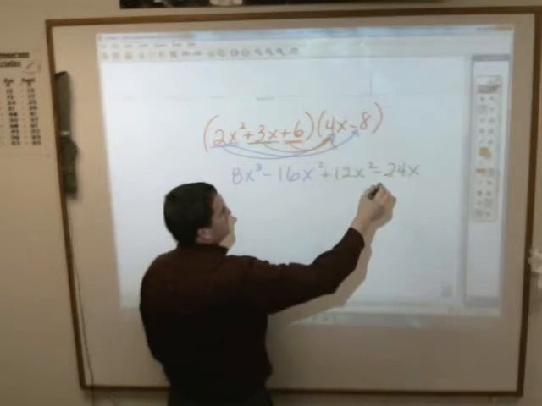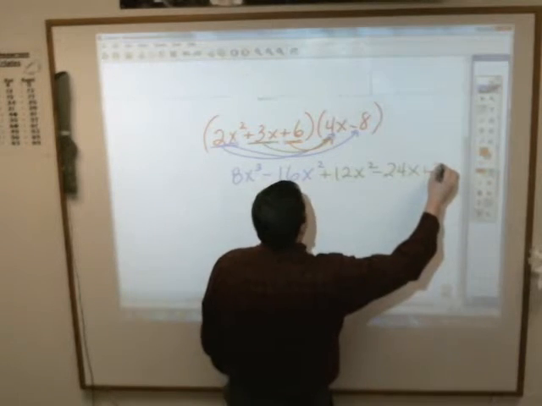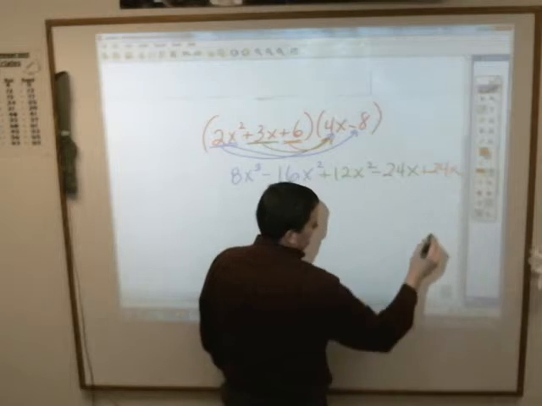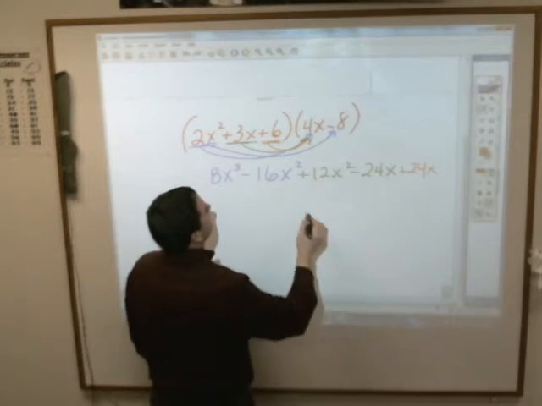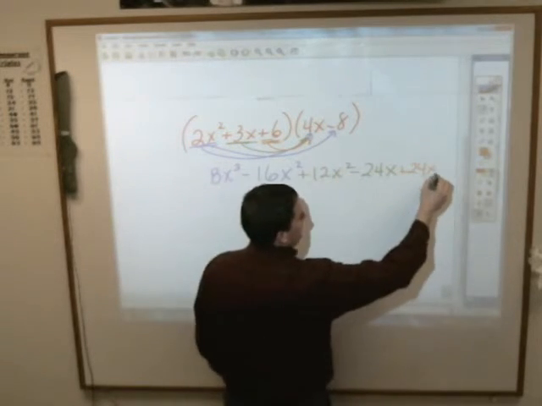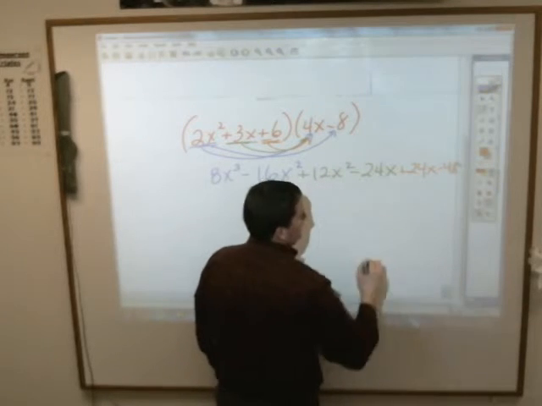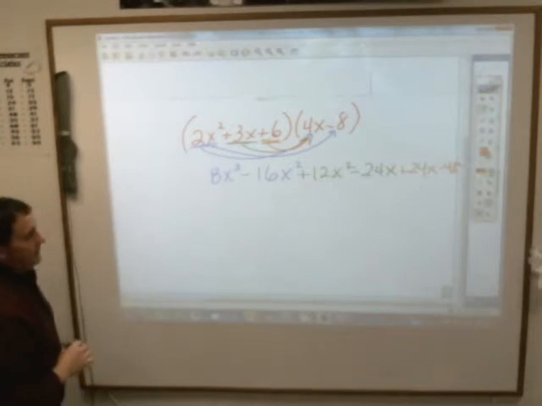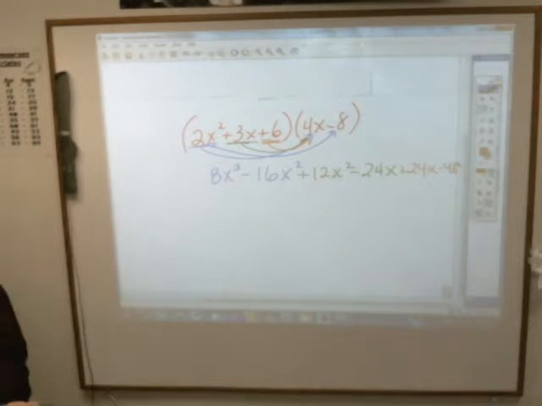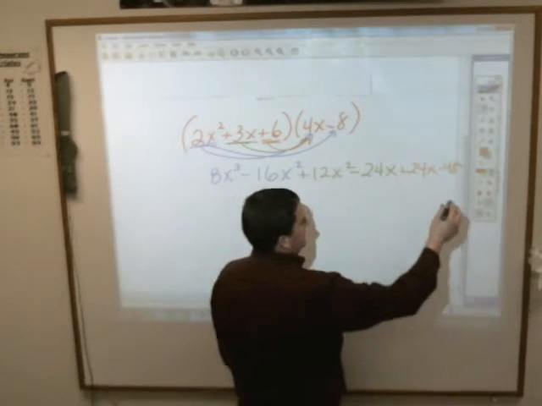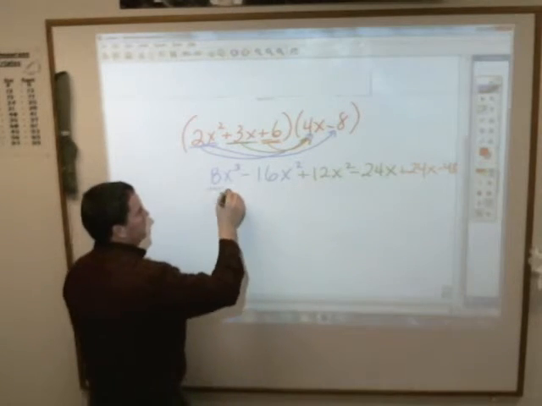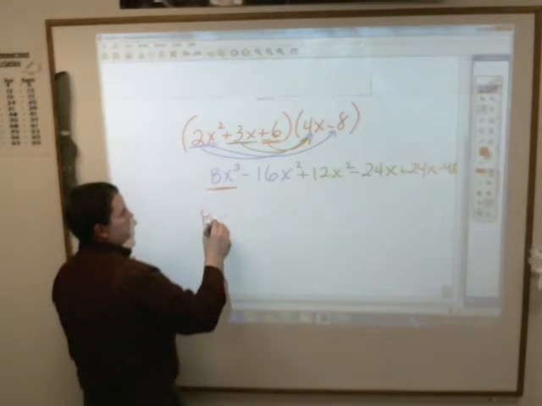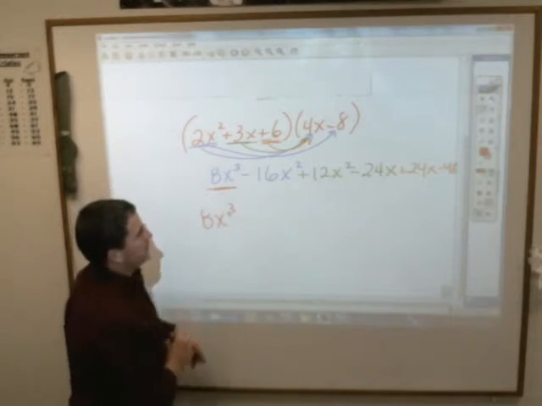6 times 4x is positive 24x. And then positive 6 times negative 8 is negative 48. I end up with all those terms. I now need to see, can I add any together? Well, there's no other x cubed, so I write 8x cubed. Any x squareds I can put together?